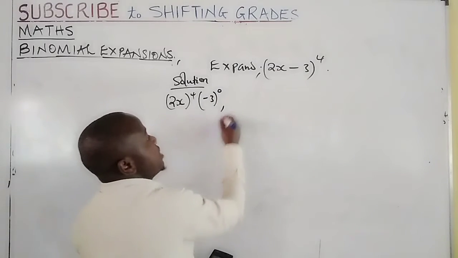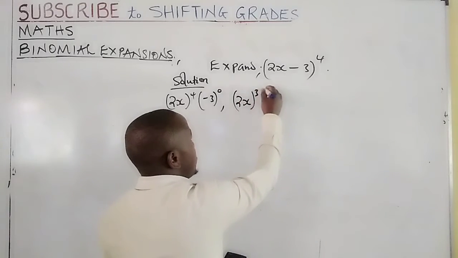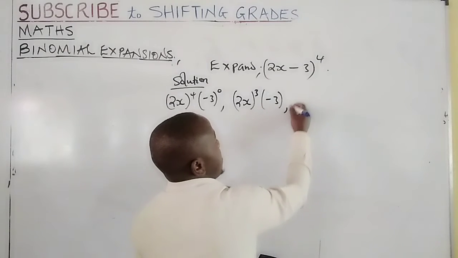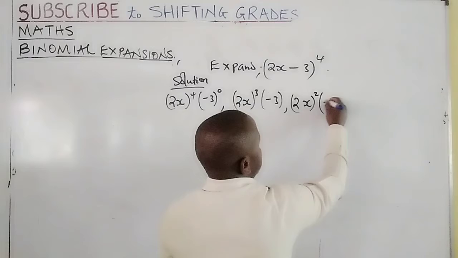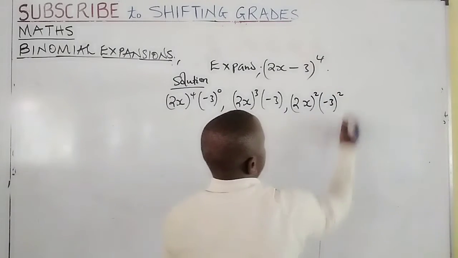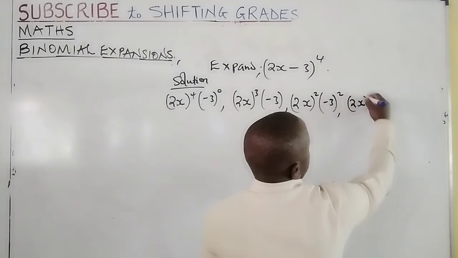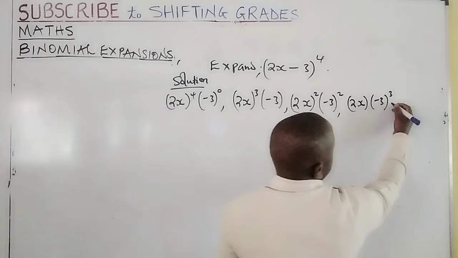The next term will be 2x to power 3 now, but negative 3 to power 1. And the next term, 2x squared, but negative 3 now to power 2. Then 2x to power 1, but negative 3 to power 3.